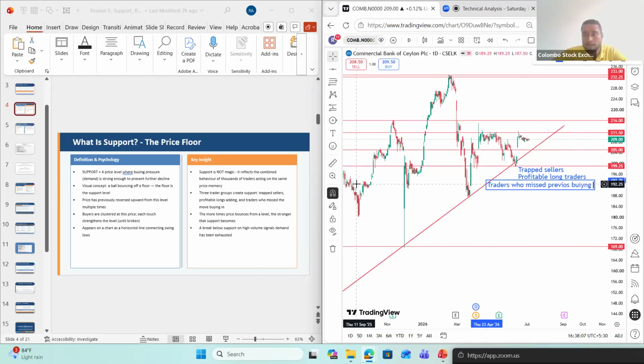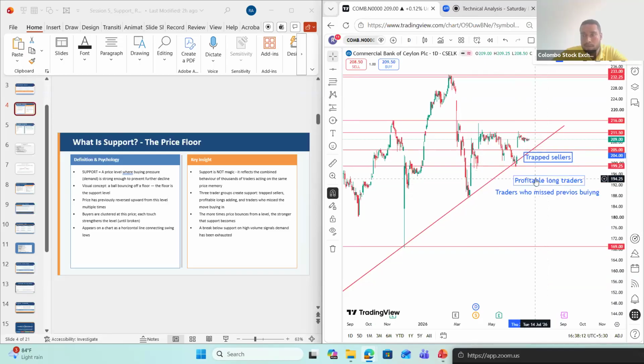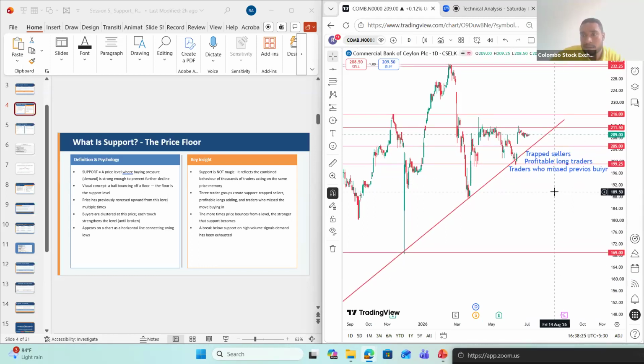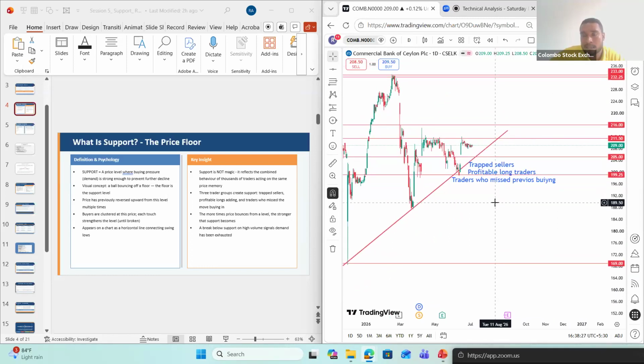So altogether, these traders can create support levels, right? The different types of traders with different psychological expectations create the support and resistance levels, and that's why these are very predictable.